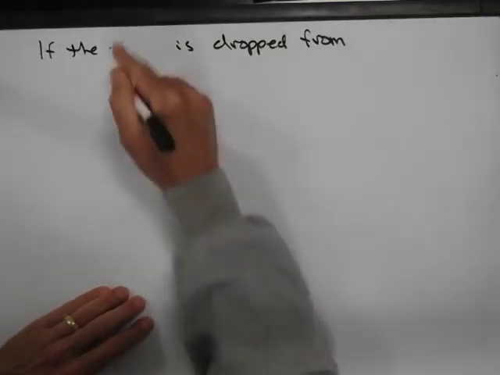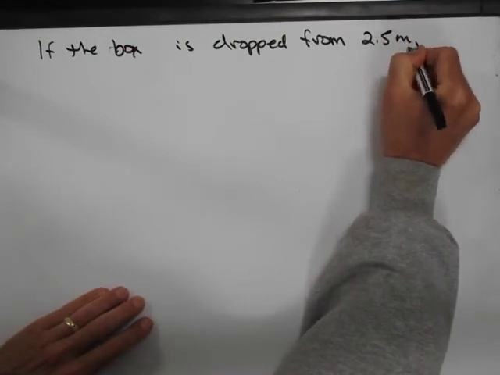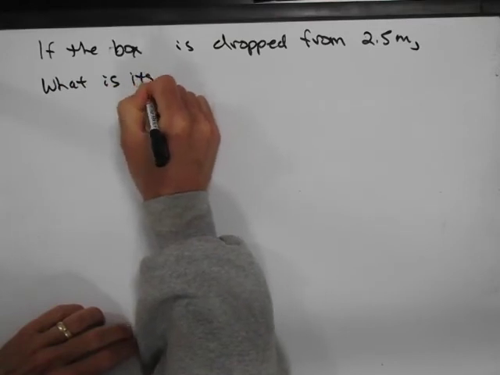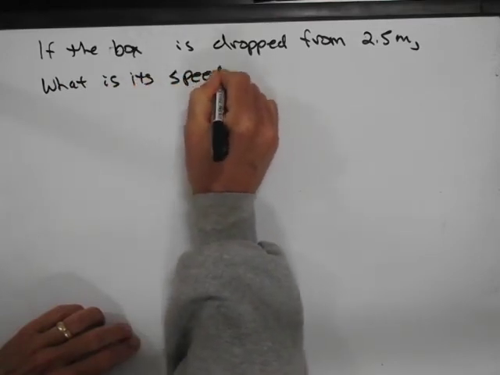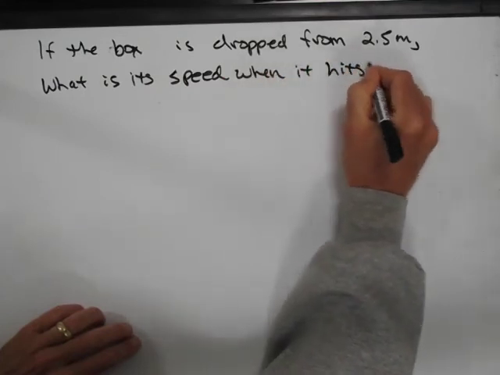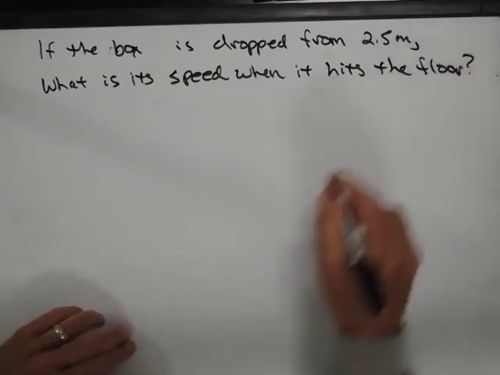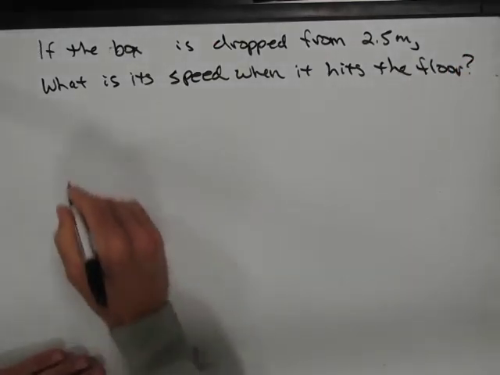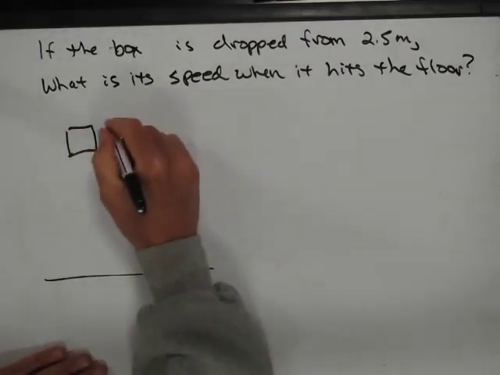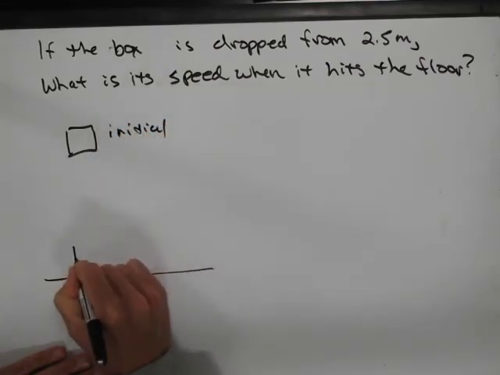But if I save the box, so if the object is dropped from 2.5 meters, and so now I'm not talking about lifting the box anymore, I'm saying, look, this is the initial situation, and this is the final situation.